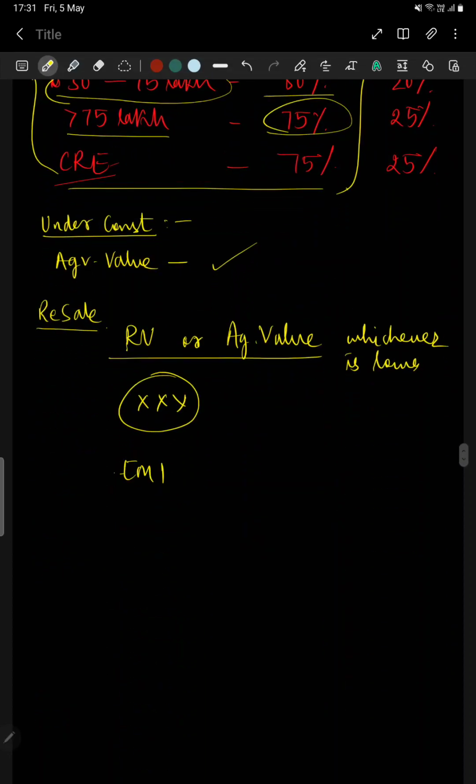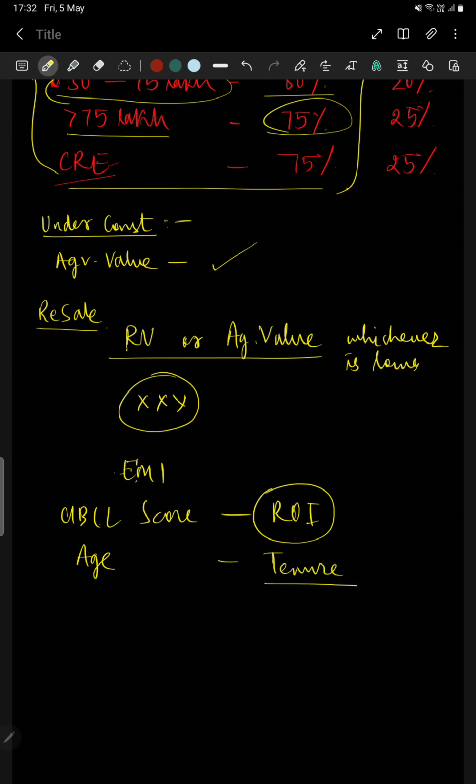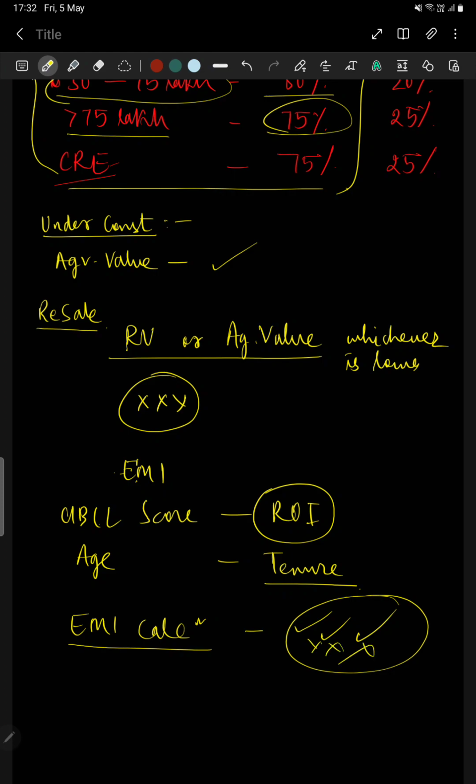Then you see his CIBIL score, based on which you determine the rate of interest, and then you see his age limit. Accordingly you decide the tenure, and based on that you can go with the EMI calculator sheet, and then you can determine his eligibility value.